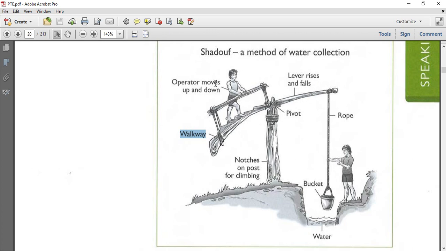And when the operator moves down a little bit, the bucket lifts up, so that another person right here can get the water by pouring it into another container. And this is the rope that gets the bucket out from the water.